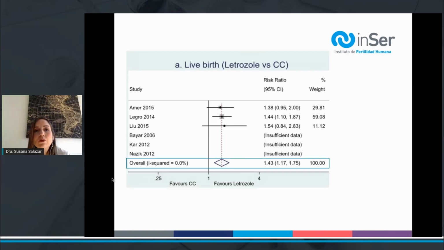The first result was live birth rate. Compared with clomiphene alone, letrozole increased live birth rate. They found it in 3 RCTs with 1,043 women, with an RR of 1.43 and confidence interval of 1.18 to 1.75.